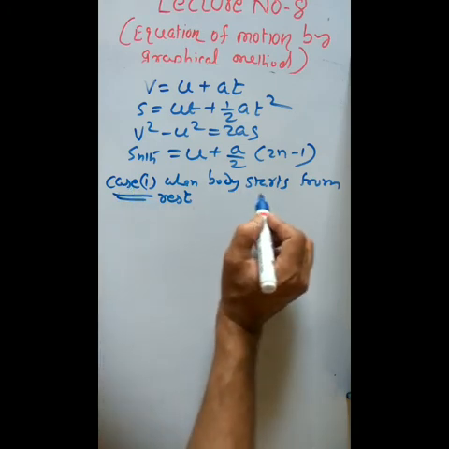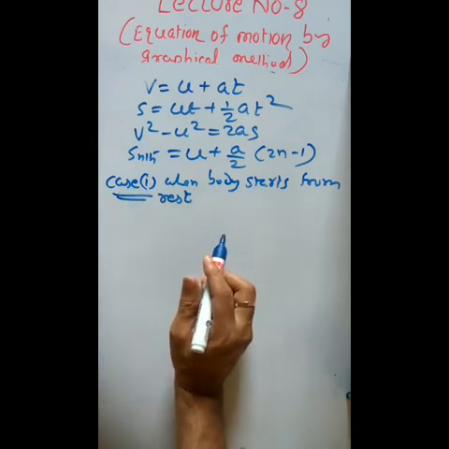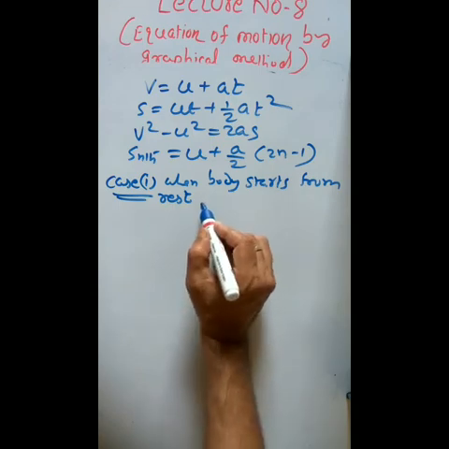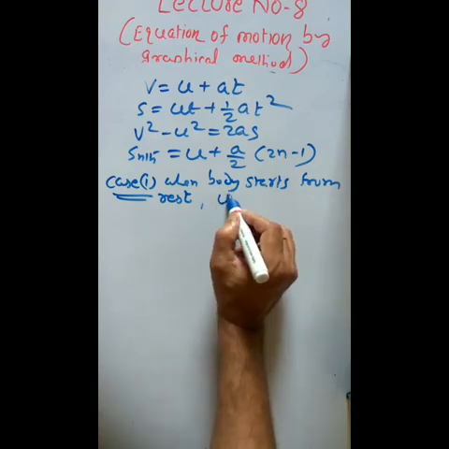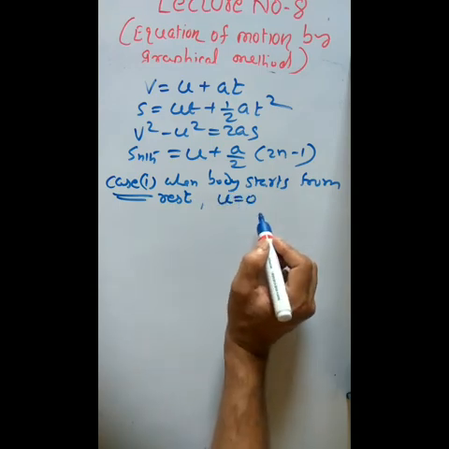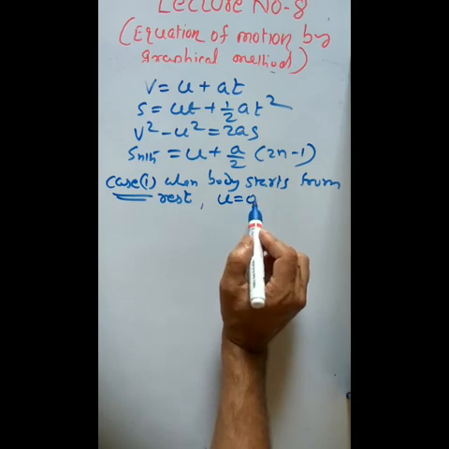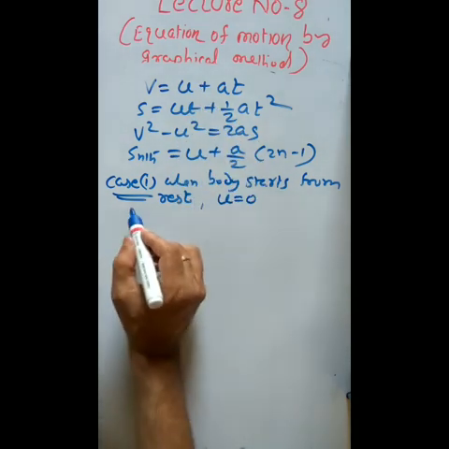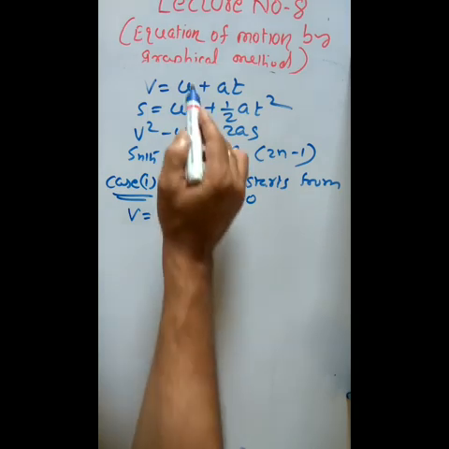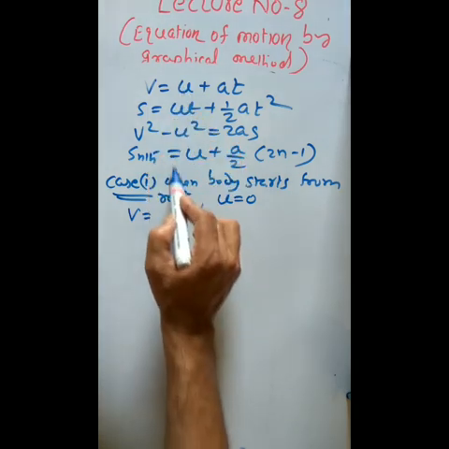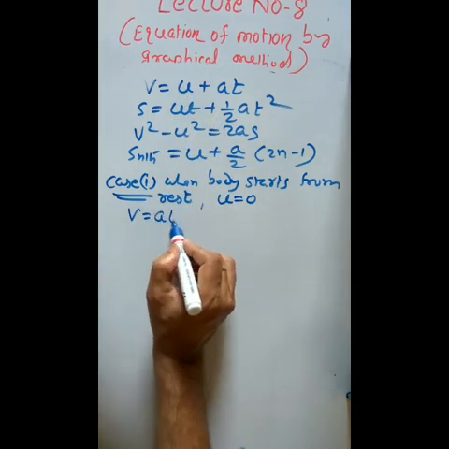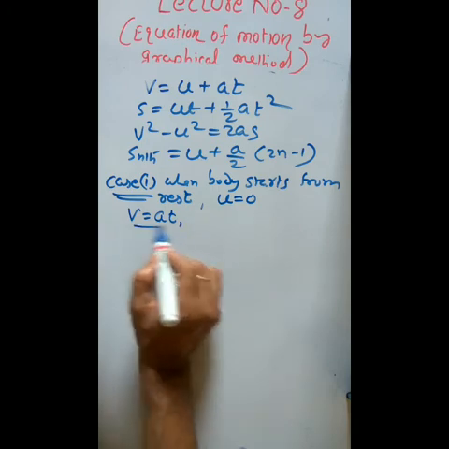Case 1. When the body starts from rest. When the body starts from rest, it means the initial velocity is 0. So if we put initial velocity U equal to 0 in the above 4 equations, we get V is equal to AT. This is the first equation of motion.